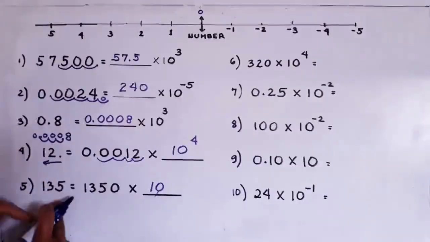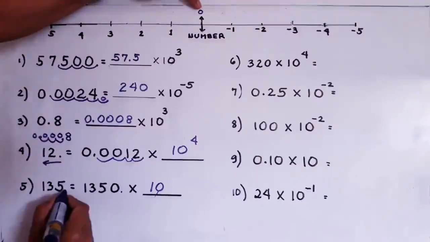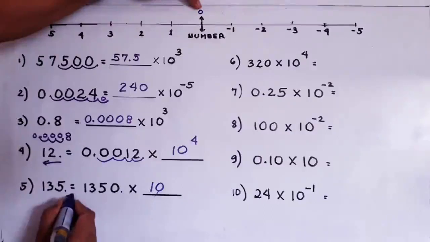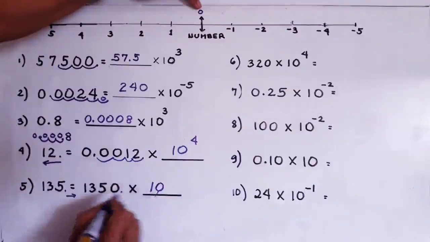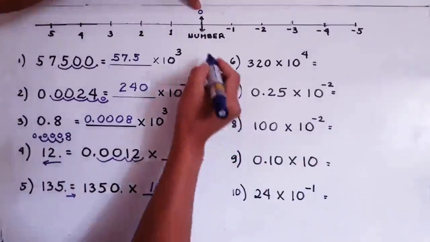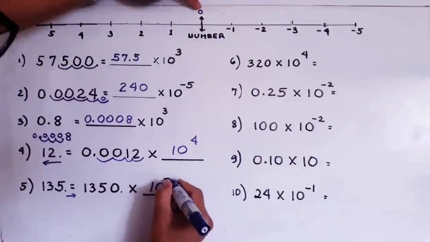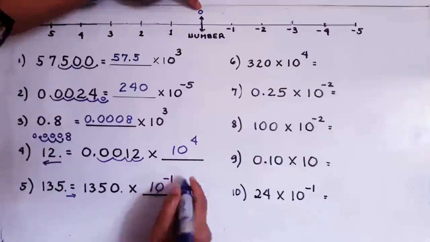Right, 135. Okay, the 135 is here. It moves to the right by 1. So from here to the right, it will be negative 1. So we place it negative 1.